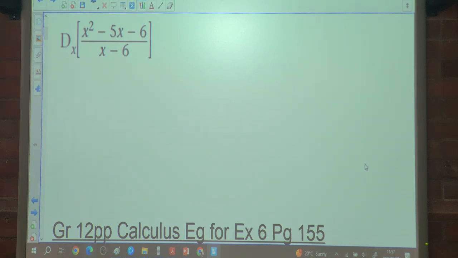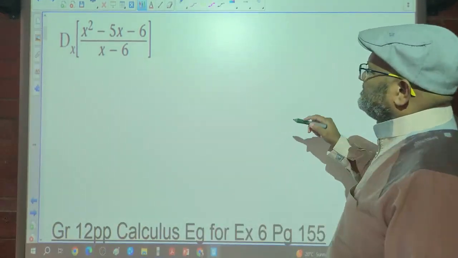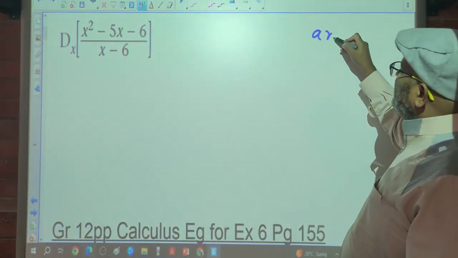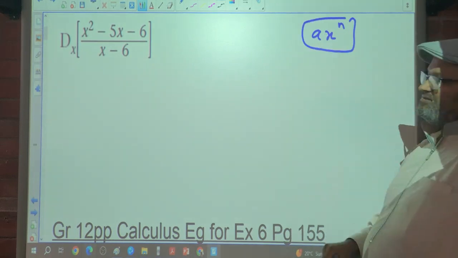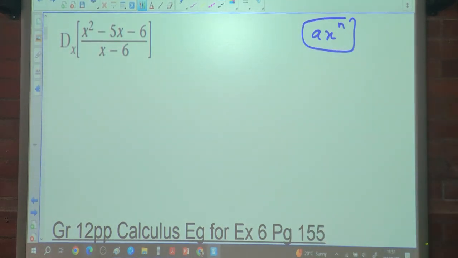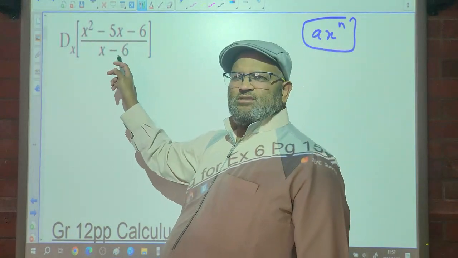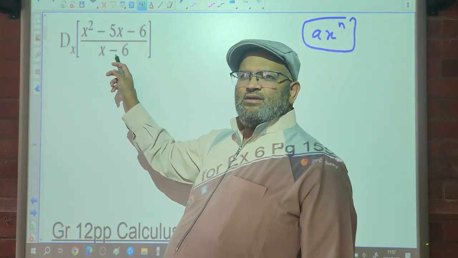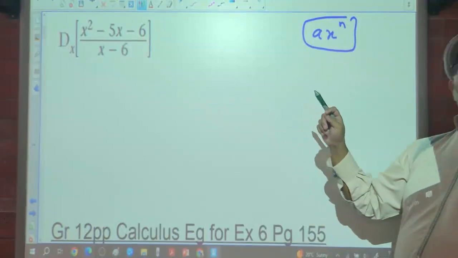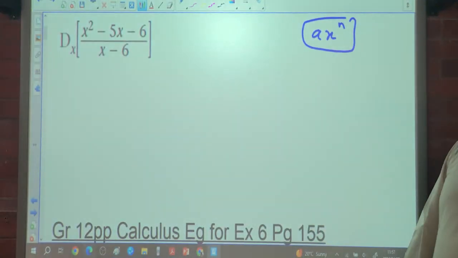People, is that d of x, or the derivative with respect to x, in the form of ax to the exponent n? Make sense? No, not. It's a fraction. So what do you think we're going to do here to get it in that form?